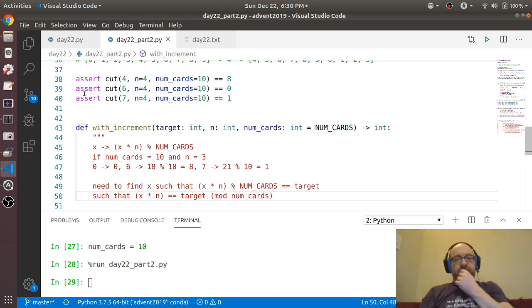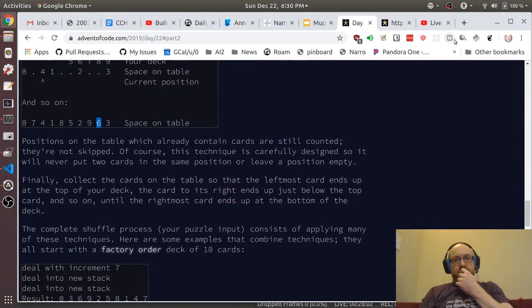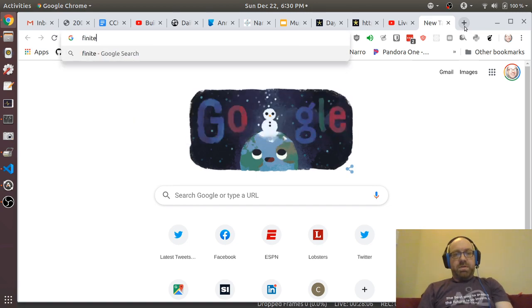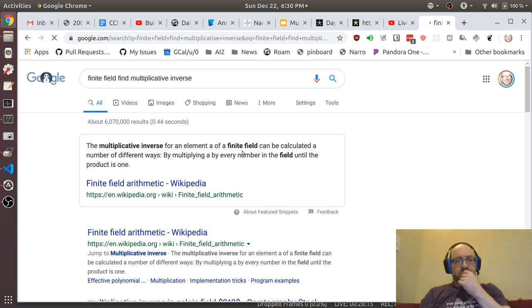And so, it's been a long time since I did my abstract algebra, so let me look up finite field, find multiplicative inverse.